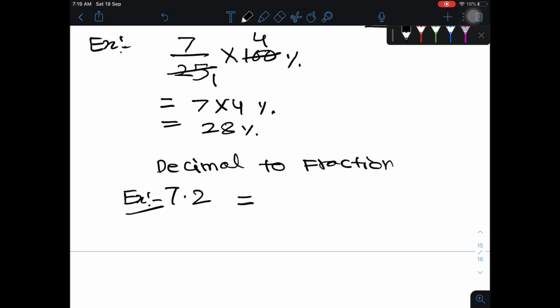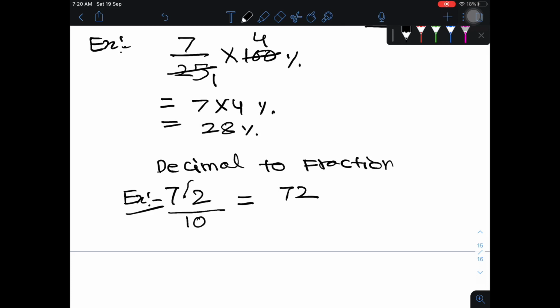How can you do this? Just remove the decimal point, okay, and count the numbers after the decimal. Here 2 is written, so one number is written after the decimal point, so we will put 10 below. Suppose there are two numbers written after the decimal point, we will write 100 in the denominator. If three numbers are written after the decimal point, then we will write 1000.